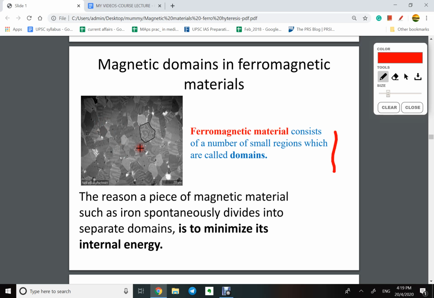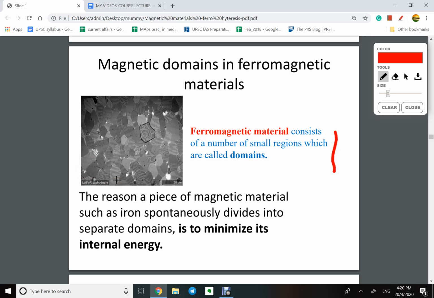This image is taken from a microscope. You can see small regions. All these small regions are known as domains. Here a particular region is indicated. Within this domain, all the atomic spins will be aligned in the same direction.